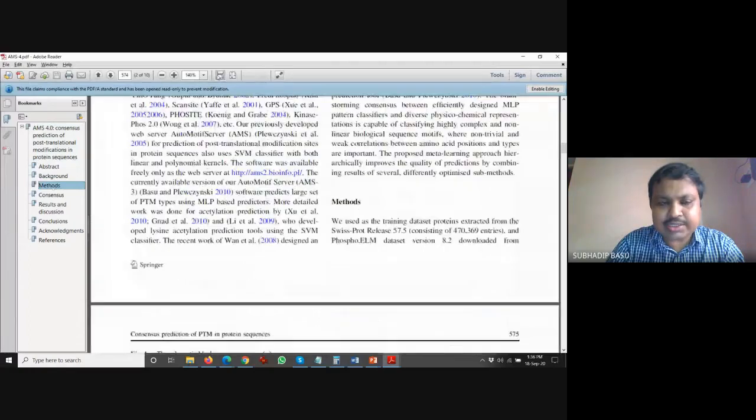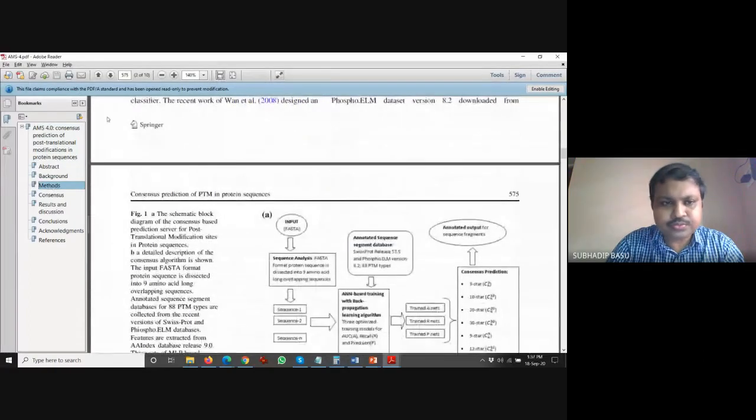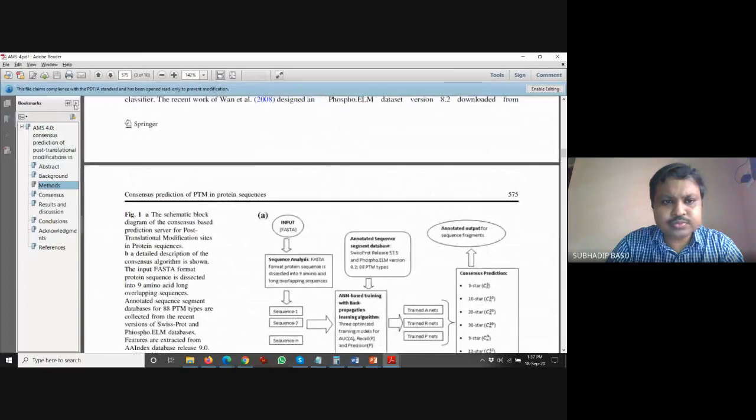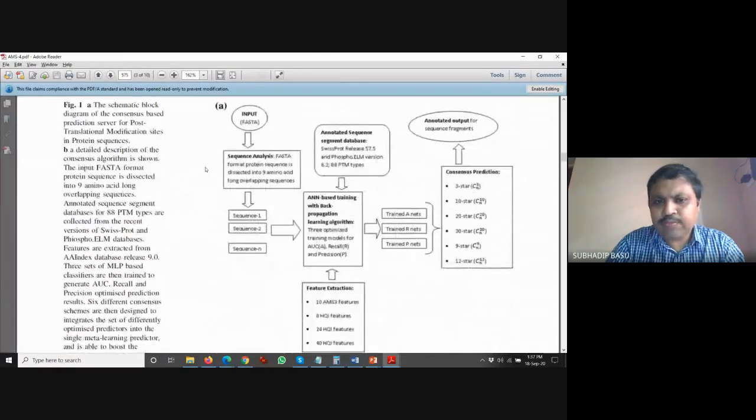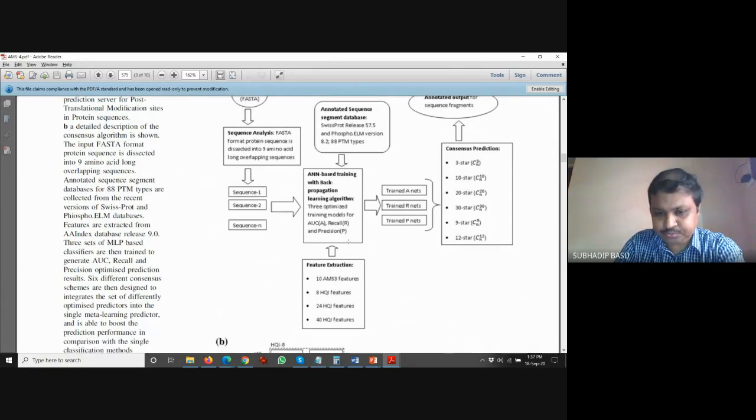You can see that if you give an input as a FASTA sequence, the sequence is formed into say 9 amino acid long overlapping sequences, sequence 1, sequence 2, sequence 3. Then you have different databases and they have 88 different PTM types. And then different feature extraction, like we use 10 in AMS-3.